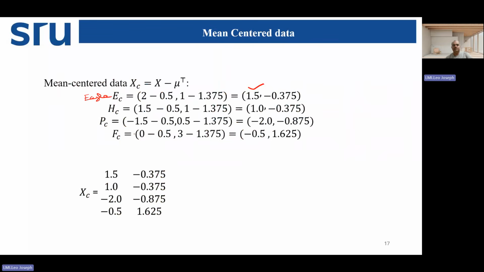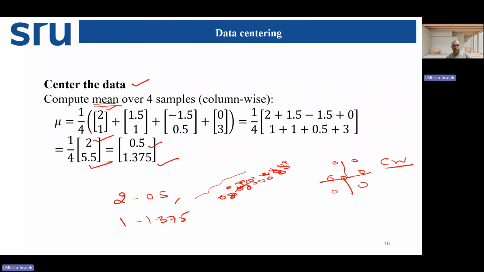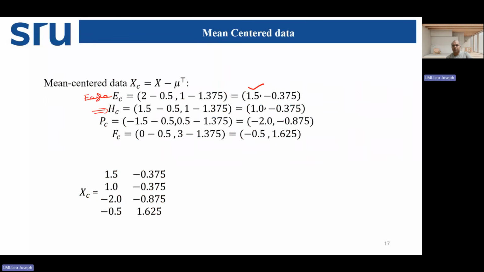EC means eagle centered data. And similarly, I have to calculate for the hen centered data. That is 1.5 minus 0.5, 1 minus 1.375, which is nothing but 1.0, minus 0.375. Similarly for penguin, this value, and similarly for fish, this value.